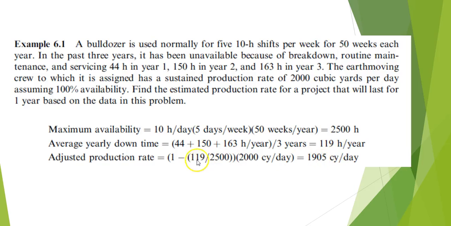Now, we also know, again, we're using the average, that in a simulation model we could set this up also with the mean, which is 119, and the standard deviation calculated from these three numbers using the traditional standard deviation calculation. And you could actually run a simulation that would give you another estimate, and it's probably going to be somewhere close to this particular number.